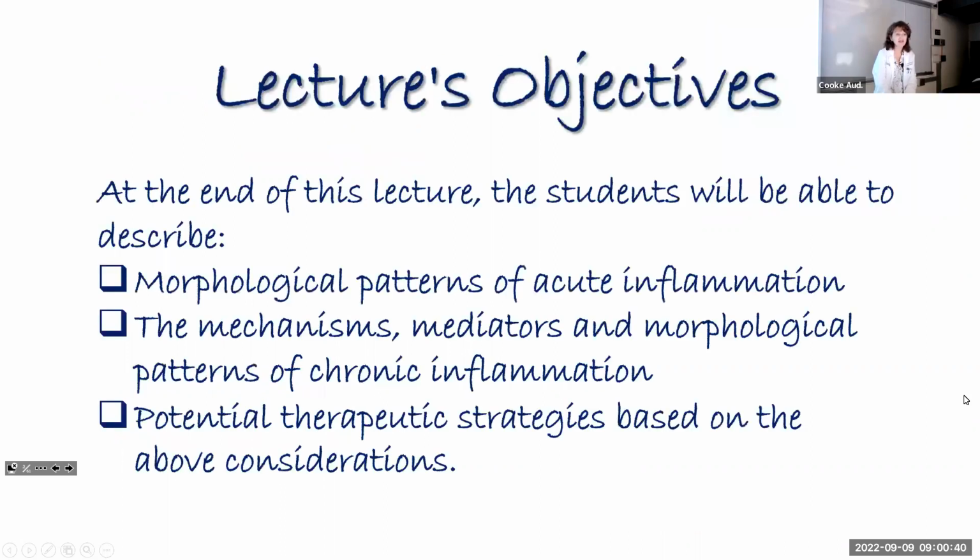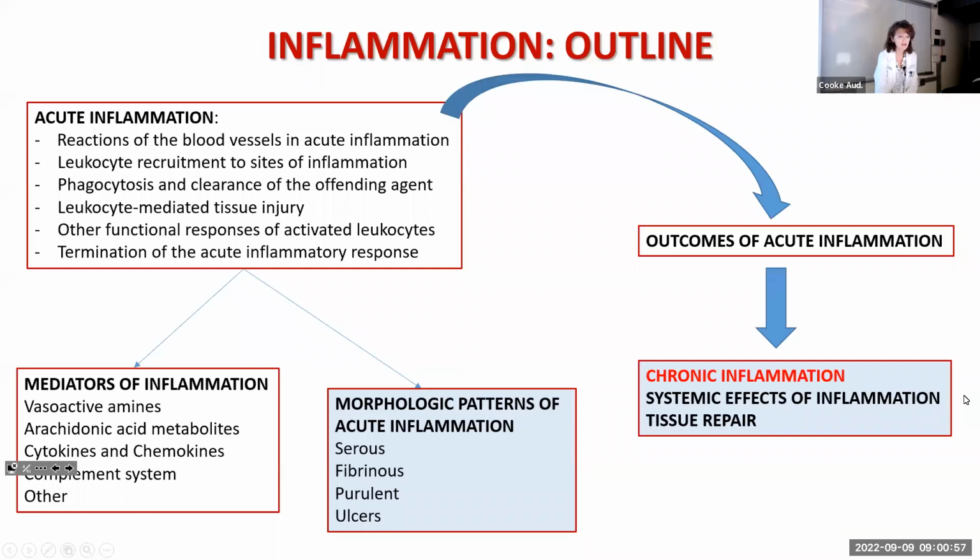Today's lecture's objectives include morphological patterns of acute inflammation, the mechanisms, mediators, and morphological patterns of chronic inflammation. And based on that, we will take a look at some potential therapeutic strategies. Now, this is a quick reminder of the floor plan of the whole chapter.